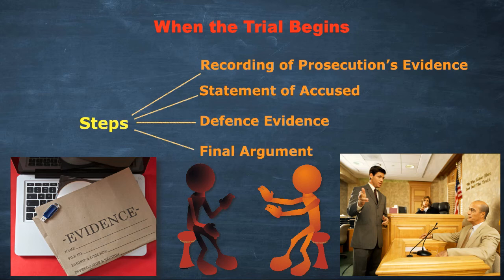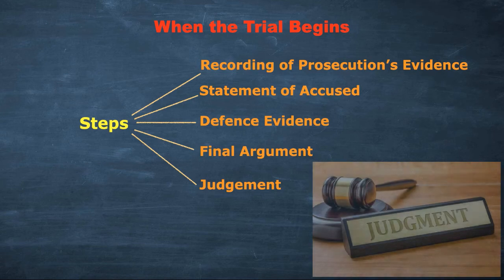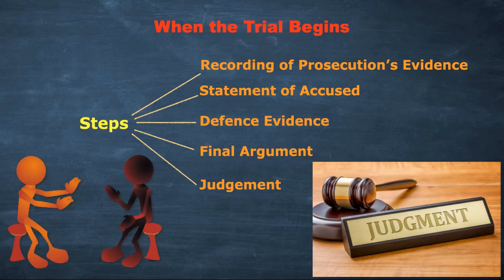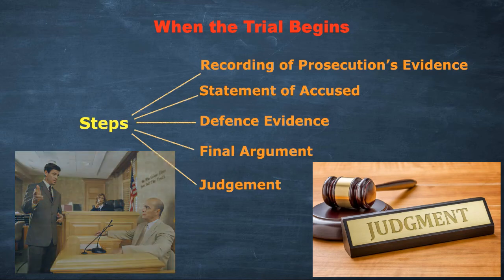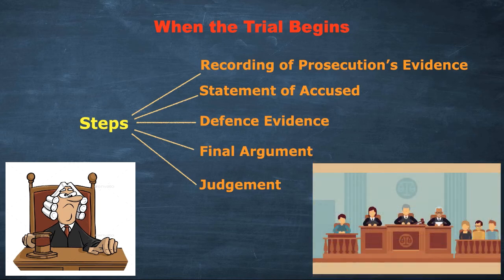After that conclusion, the last step is judgment. Once the final arguments are done by the prosecutor as well as by the defense, the judge pronounces his judgment in the trial. So this is all about the trial of an offence.